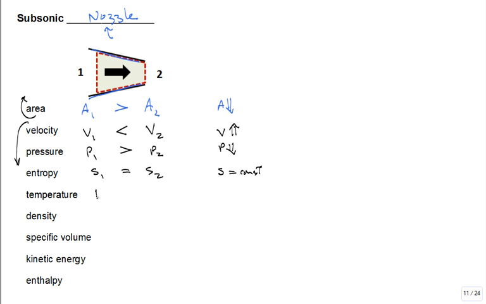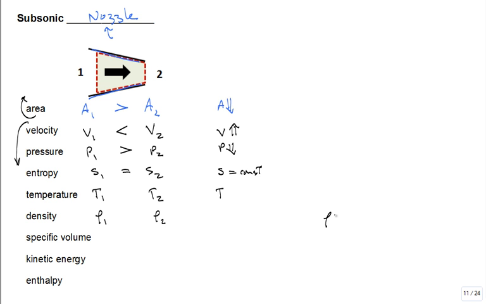How about the temperature in versus the temperature out? Does the temperature go up, temperature go down? What's the temperature do? Stay the same, constant? Think it's down? All right. Let's do this. How about the density? Those are all related to temperature and pressure.